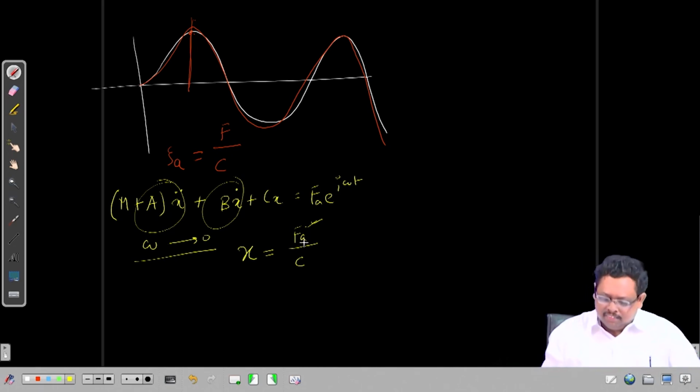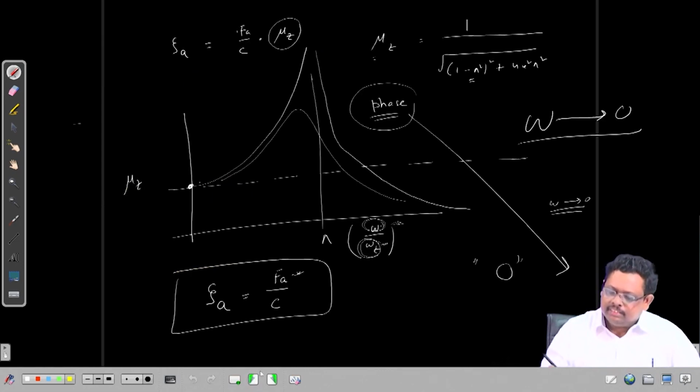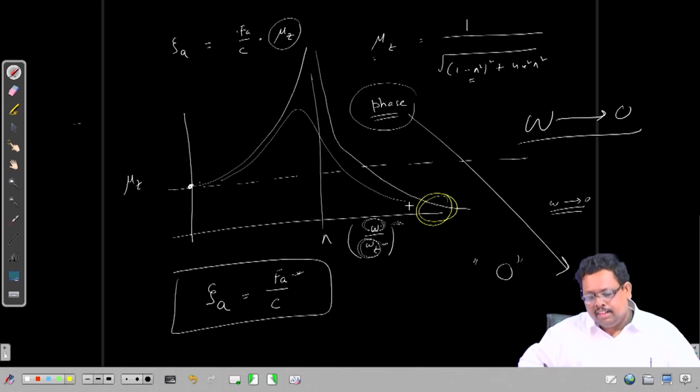Similarly, if you go to the other side, when omega tends to infinity, the very high frequency region, the response is very small, right.